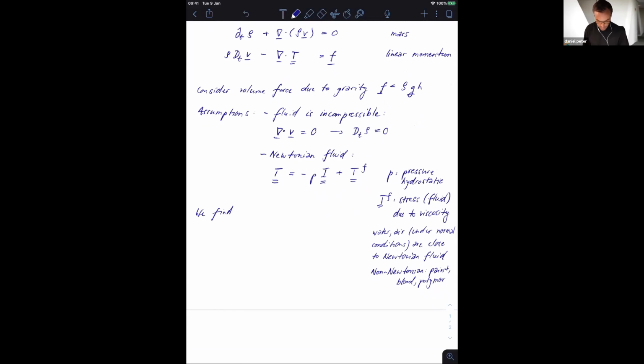We find the Navier-Stokes equations, which first is the incompressibility condition, divergence of v equal to 0.